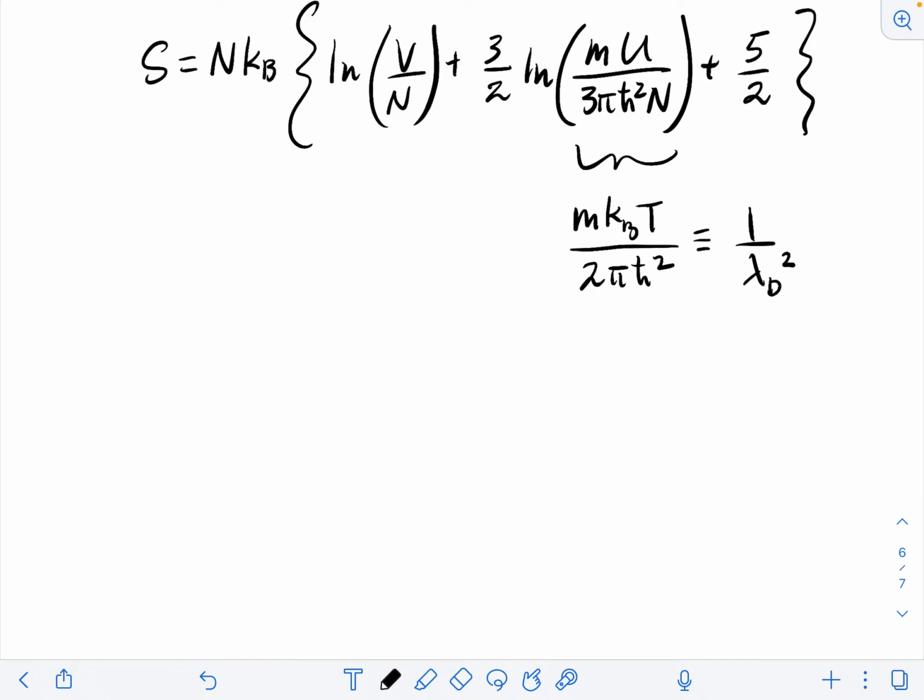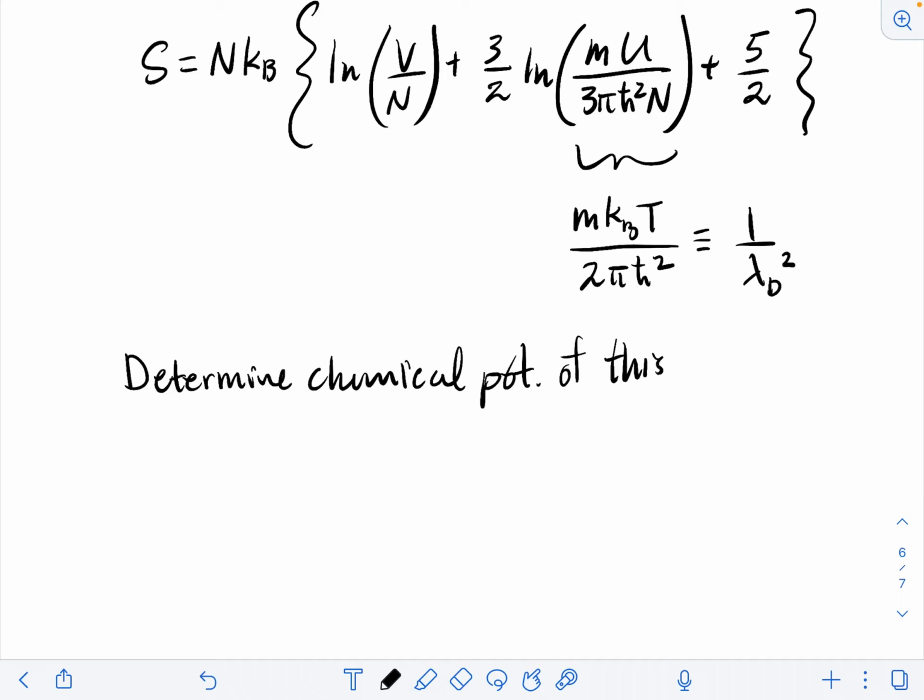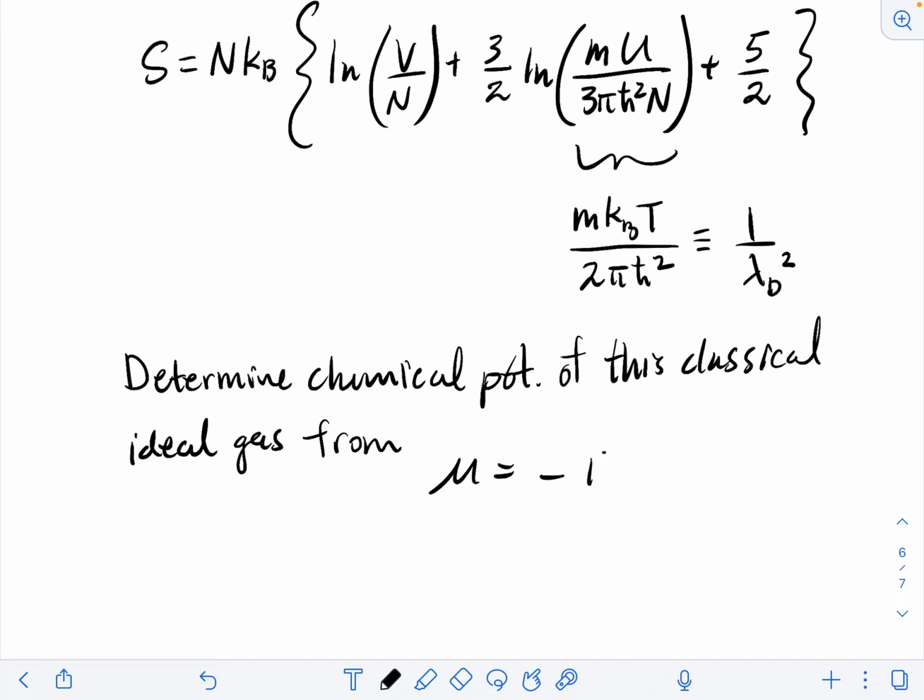So we can determine the chemical potential of this classical ideal gas from mu is equal to minus T times the derivative of the entropy with respect to N, but we have to hold the internal energy and volume constant.